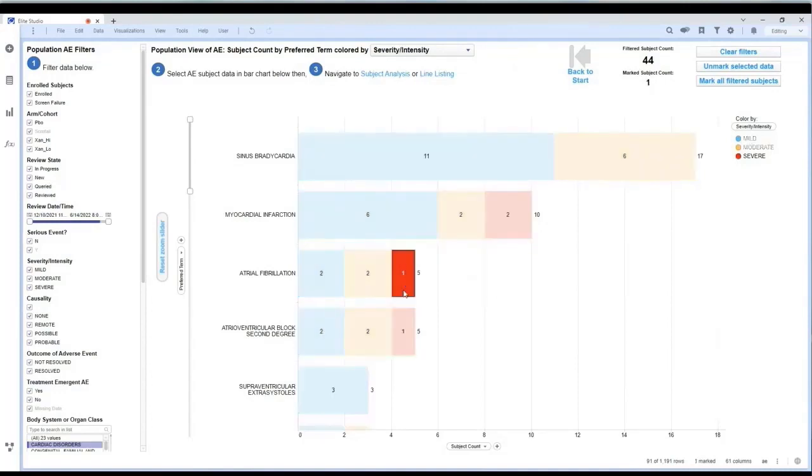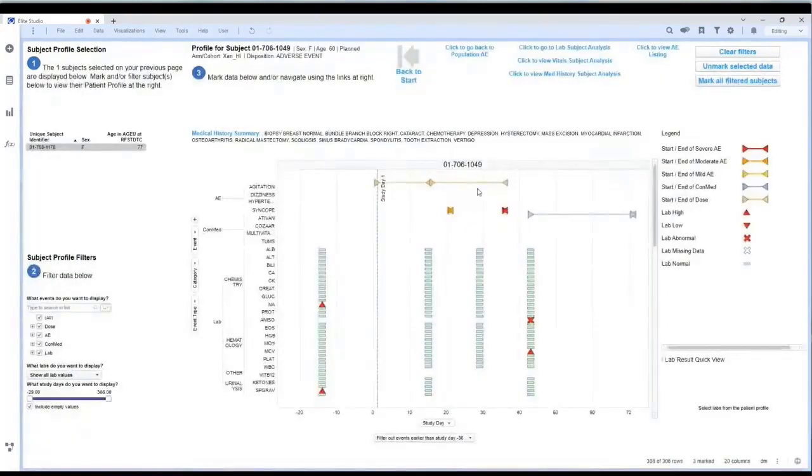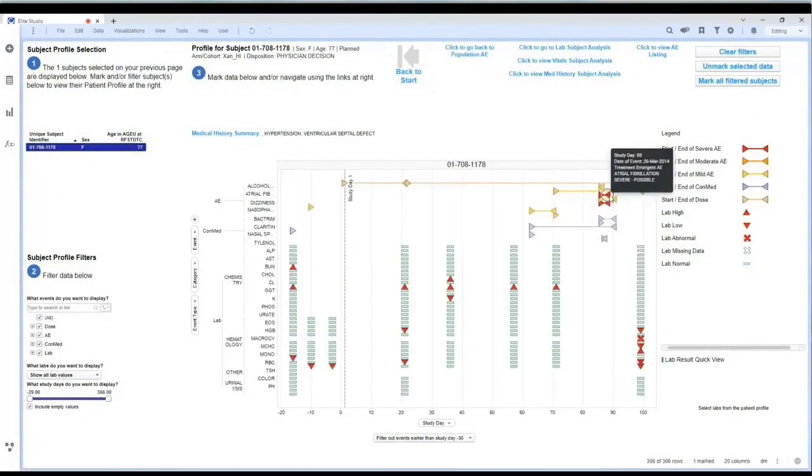So if I take, for example, the atrial fibrillation and look at the patient profile for that subject, I can see that it's severe, possibly related to treatment. And yes, the patient was initially treated at a lower dose of treatment drug and then escalated to a higher dose, at which point atrial fibrillation and severe dizziness both occurred.